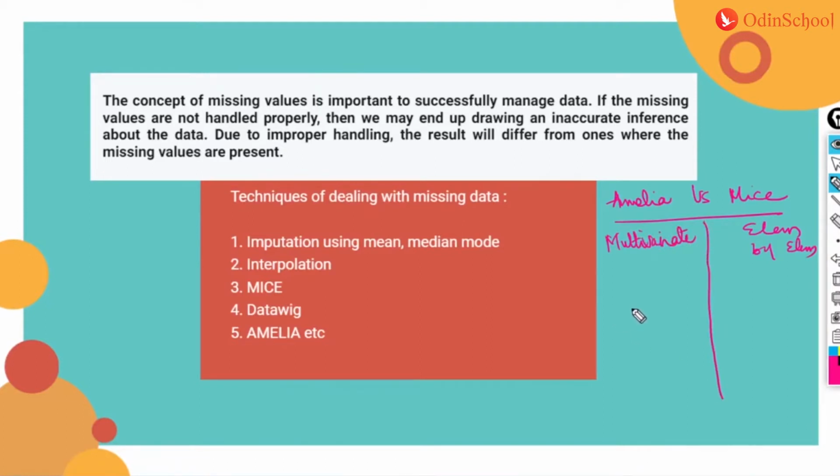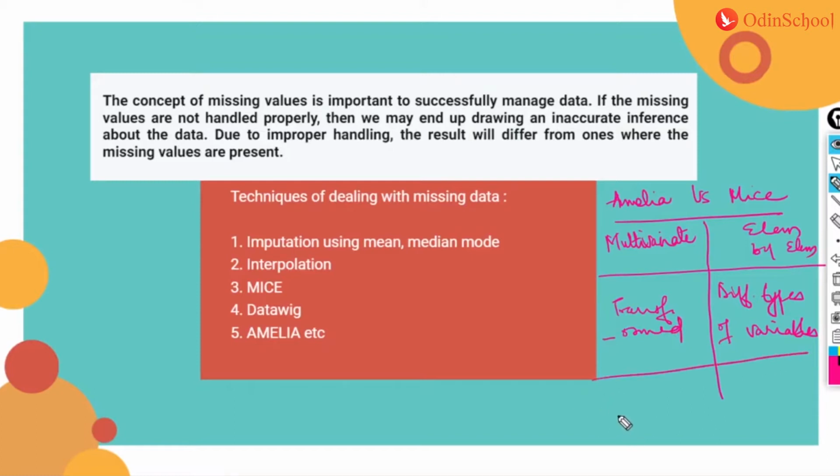The next one, mice can handle different variables. Different types is a better way to say. It can handle different types of variables. But when you talk about Amelia, whatever variable you feed the data with, it is most probably transformed to suit the system.